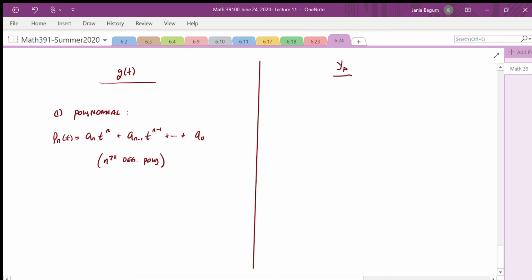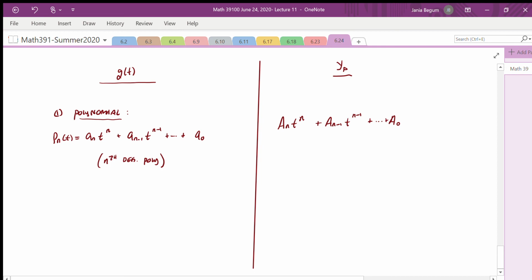So if g of t is a polynomial, you guess your yp to match it, in the same family of functions, meaning also a polynomial of nth degree. So you'll have an t to the n plus an minus 1 t to the n minus 1 all the way up to a0. Sorry, I should put a big A0. That's the nth degree polynomial in standard form.